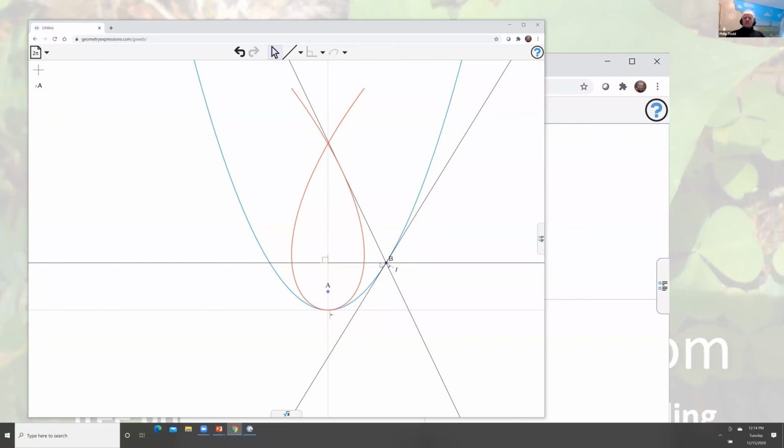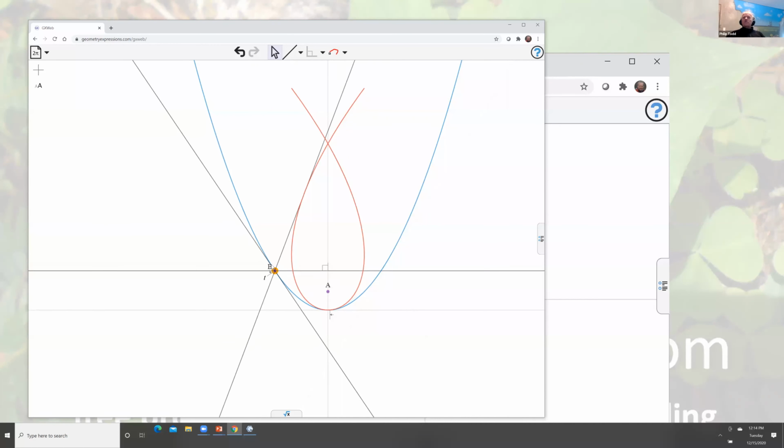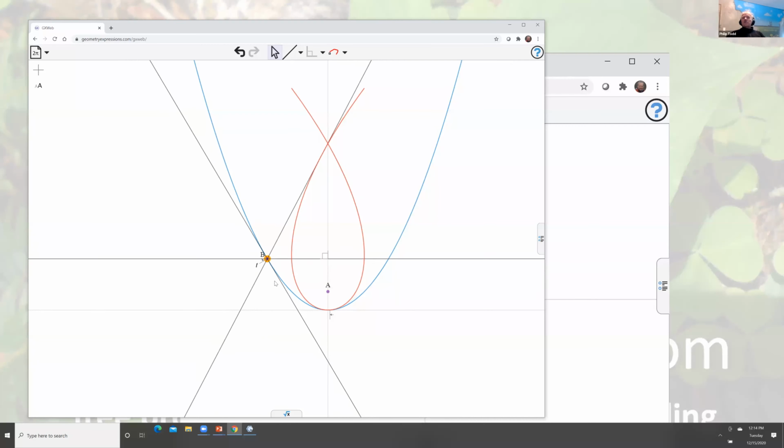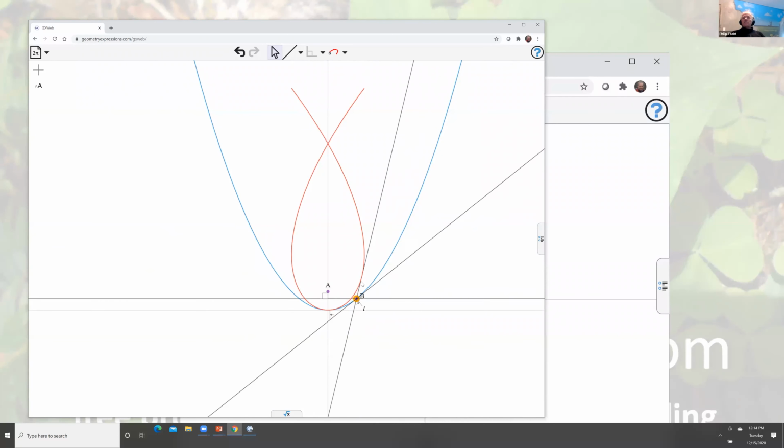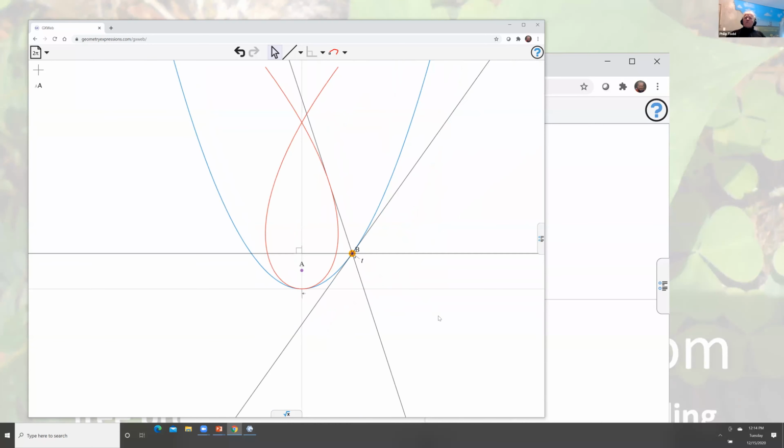So this is the caustic curve. We can see as we drag this round, we can see that it is in fact tangential to the entire family of lines. So what's its equation? We're told in my book that it's the Tschirnhausen cubic. So let's just take a look at what the Tschirnhausen cubic is.